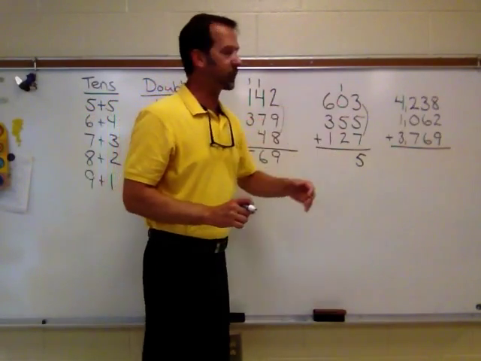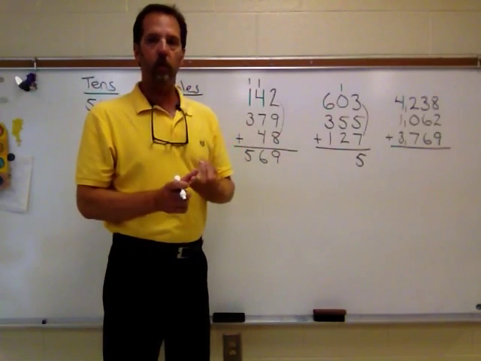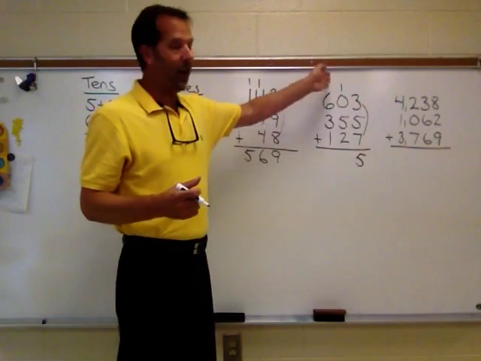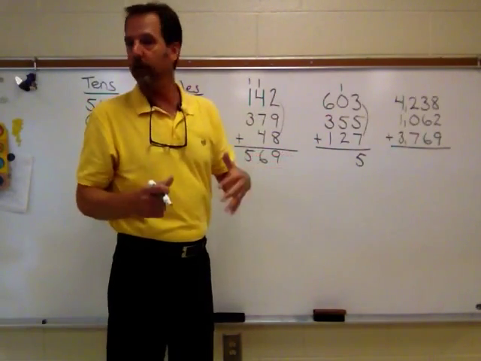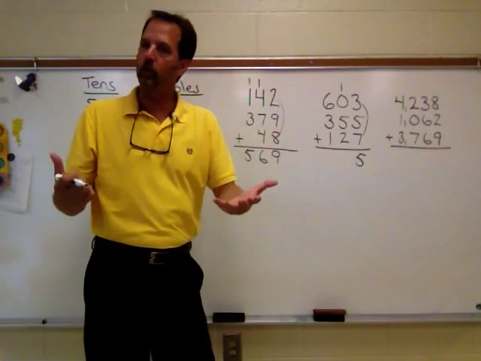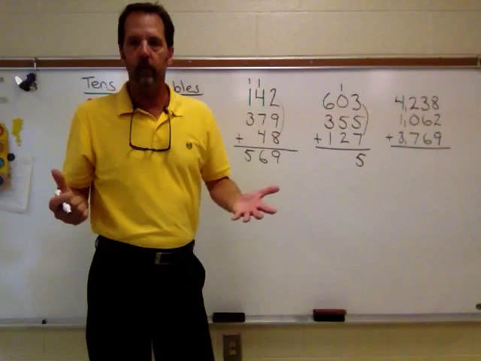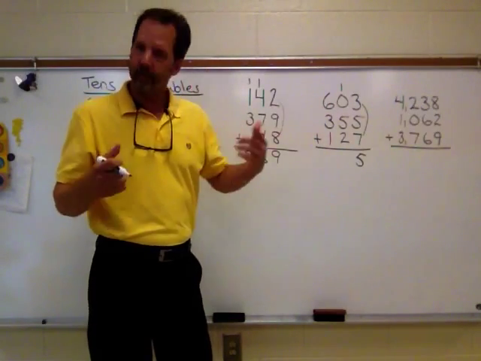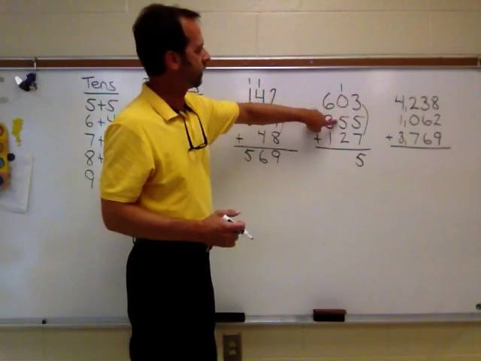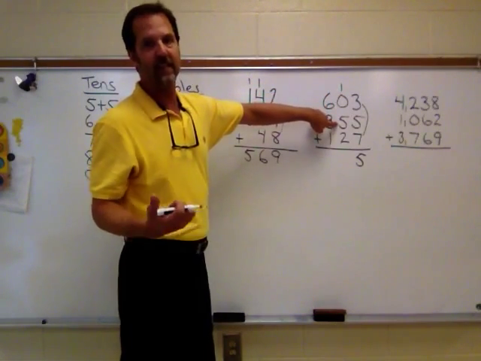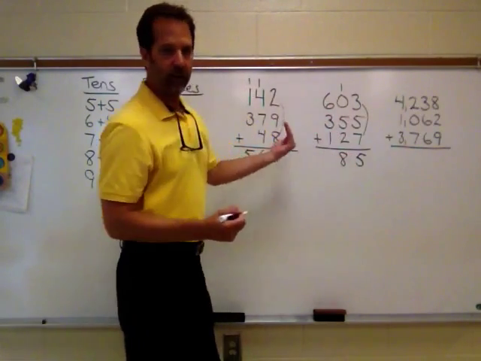How about any doubles in that column? No. If there are no tens and there are no doubles, then you just got to go ahead and add it top to bottom the best that you can. Okay, you may have to count fingers, whatever you have to do. If you're unsure of your addition facts, counting fingers, nothing wrong with it. Do it until you got it up here. Just getting the result is the right thing. So starting at the top down up here, 1 and 5 is 6, 6 and 2 is 8. We'll put the 8, and there's nothing to carry to the hundreds place.